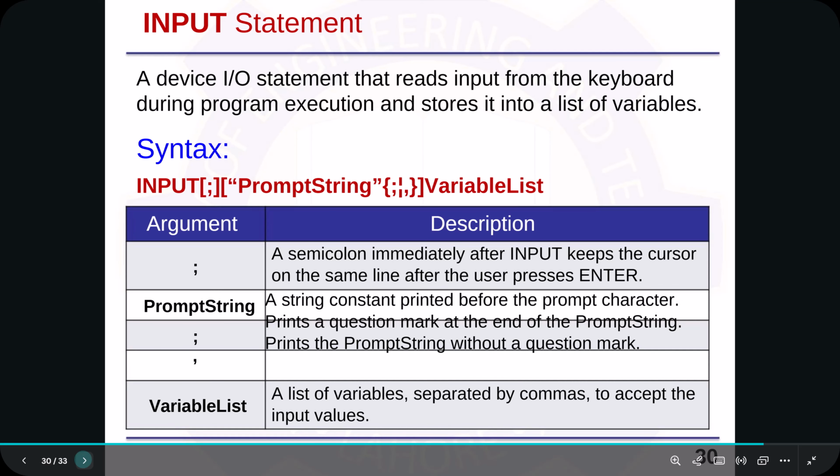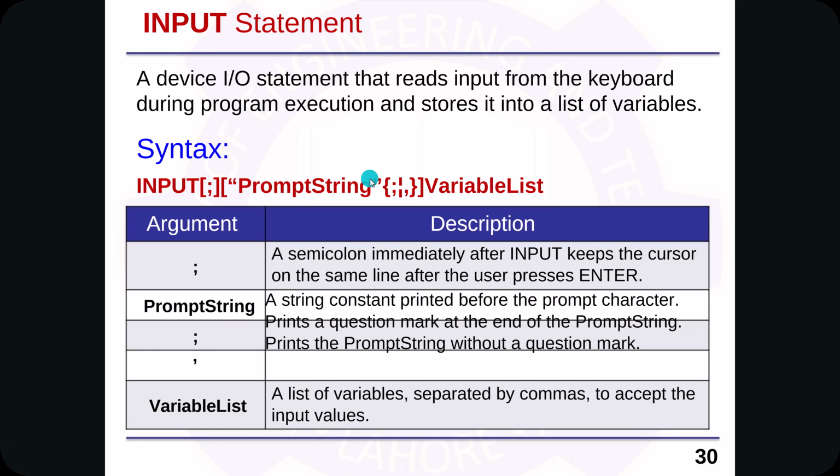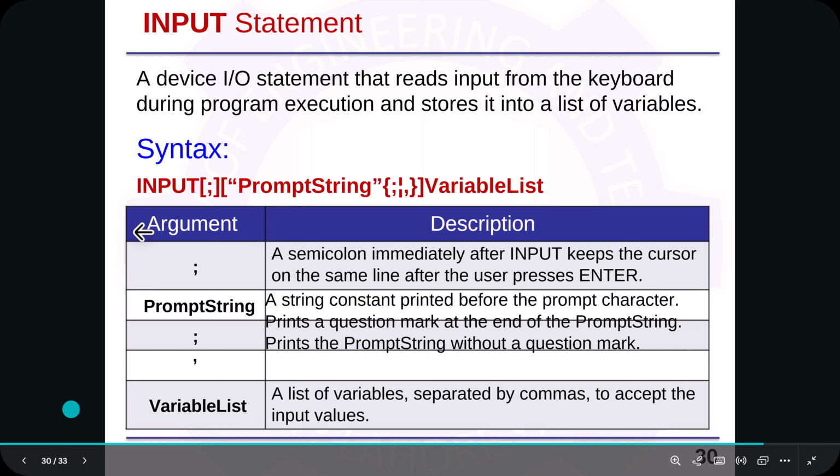Whenever you use an input statement, it gives you the power to input text, and it also stores it in a list of variables. So this is the syntax, and the arguments inside the syntax are explained below.